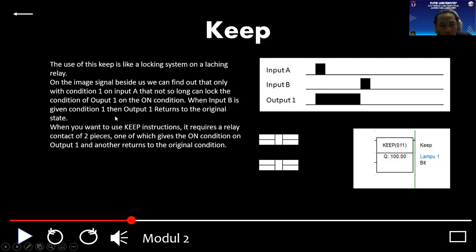When input B is given condition 1, then output 1 returns to the original state. It's like input A can keep the condition of output 1 on, and input B can reset the condition of output 1. So there are two contacts that will be used if you want to use instruction keep. And from this pin, this one is set and this one is reset.